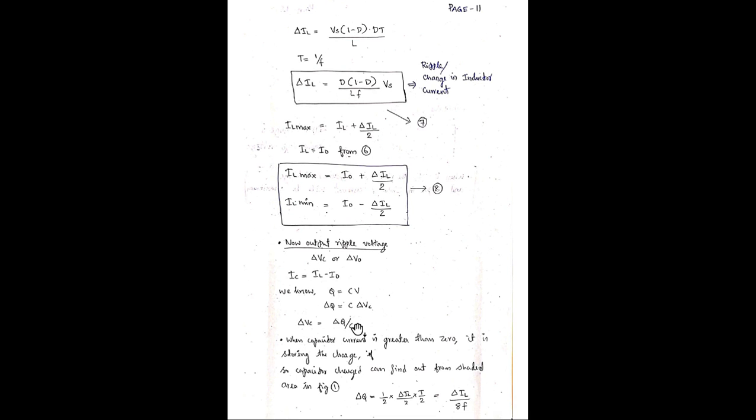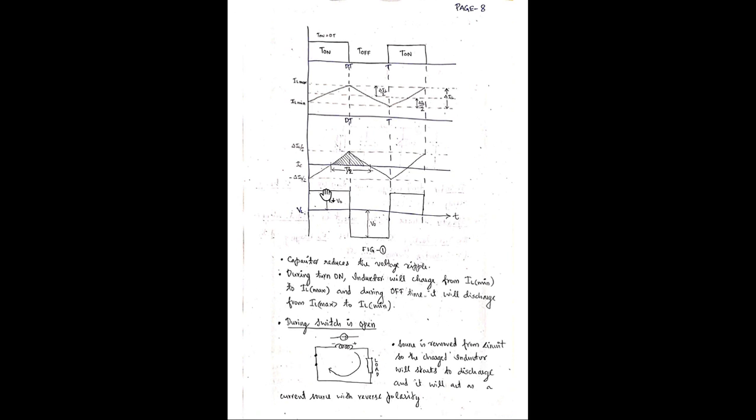So ΔVc we can write as ΔQ divided by C. When capacitor current is greater than 0, it is storing the charge. The capacitor charge can be found from the shaded area in figure 1. Here you see this is the capacitor current value.